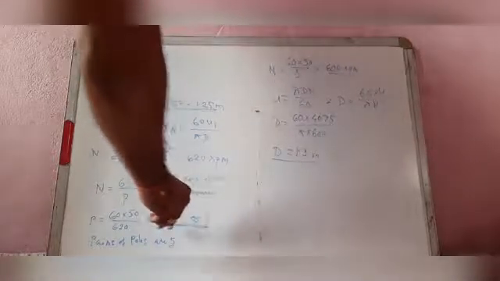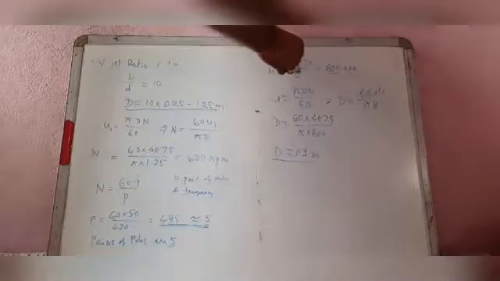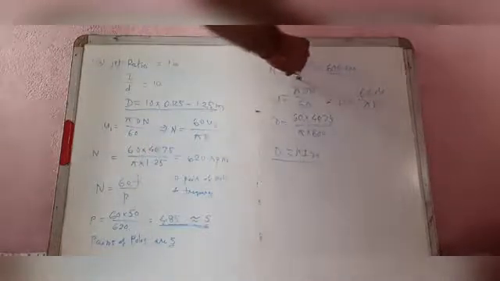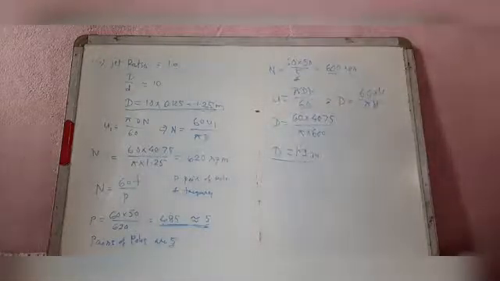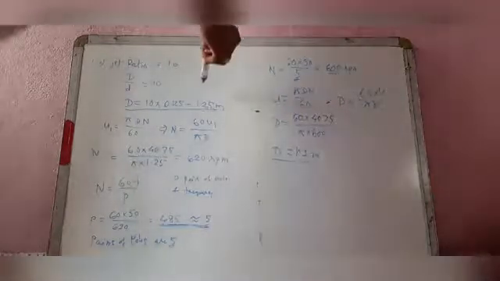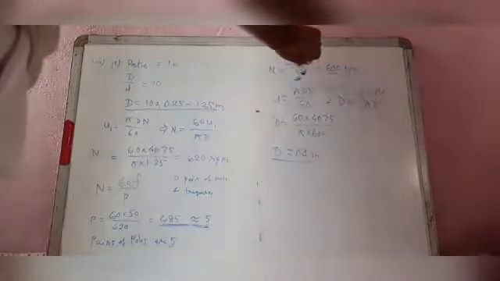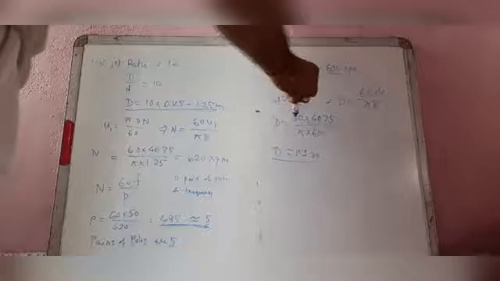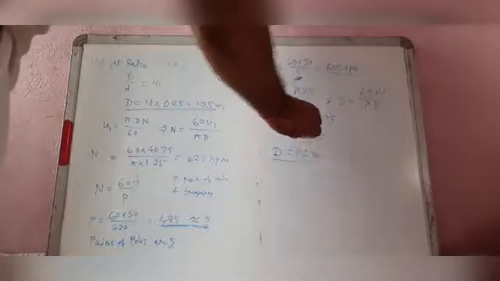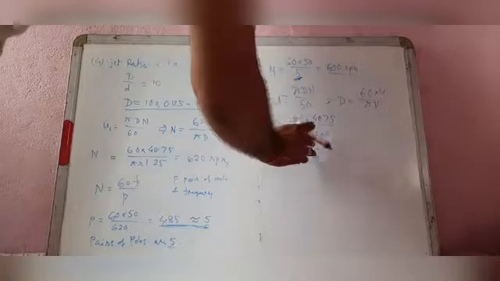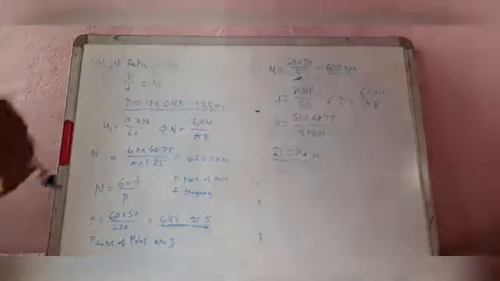So from here we have started reverse calculation and putting the value of number of pole pairs 5, and then getting the new value of D for 5 pair of poles. So here we get the diameter is 1.3 meter.